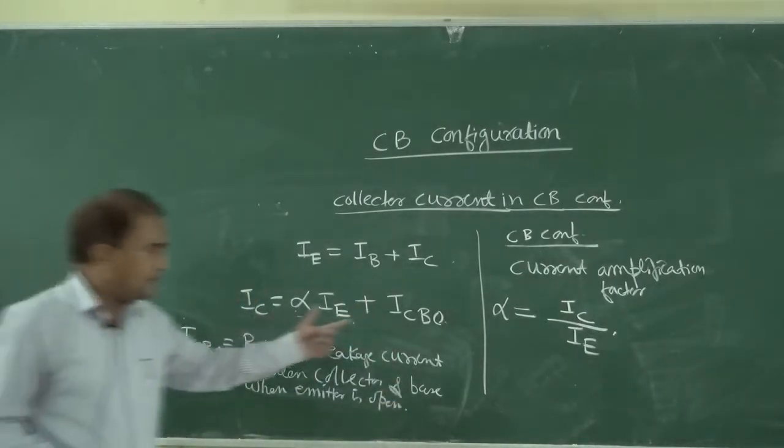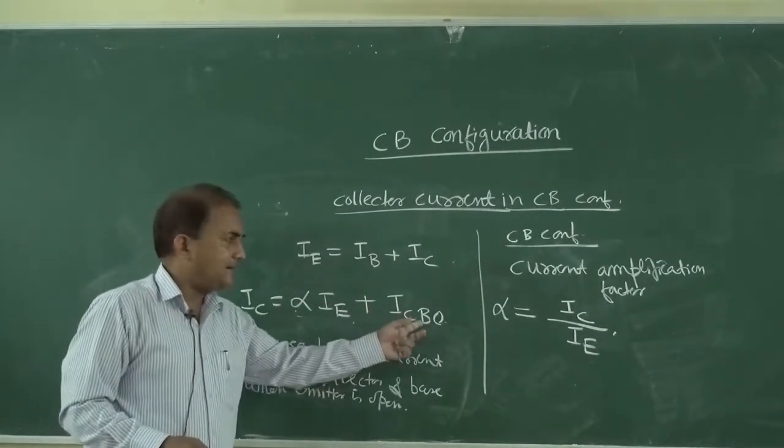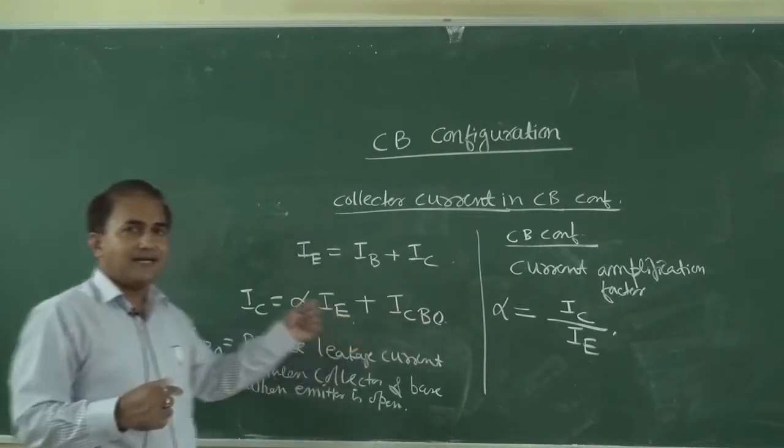It is the reverse leakage current between collector and base when the emitter terminal is open.